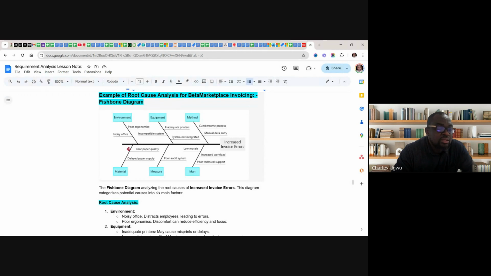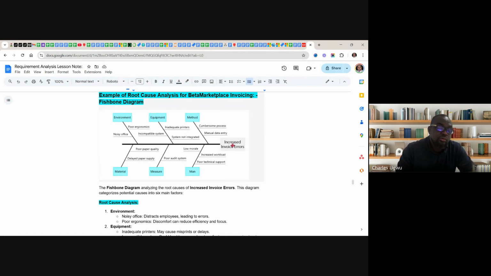Then the material used: poor paper quality, delay in paper supply. Then you have environment: poor ergonomics and noisy offices. That is what we call a fishbone diagram.